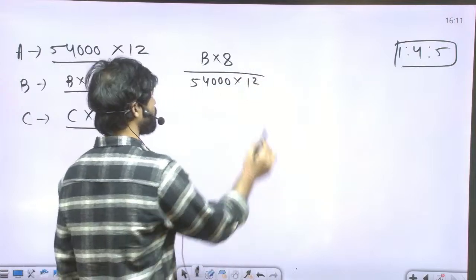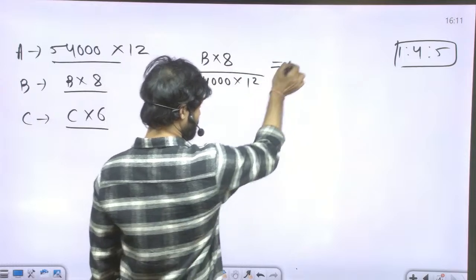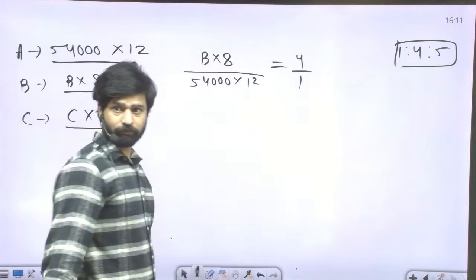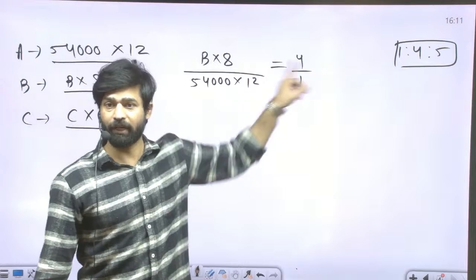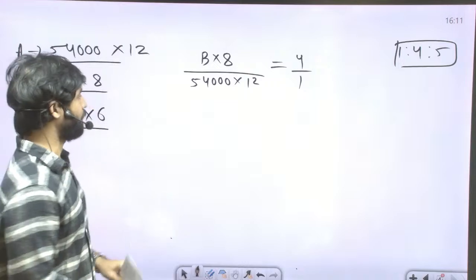So in front of A's part will be there, and in front of B's part, 4/1, because B is taking 4 units and A is taking 1 unit. Any problem in this?